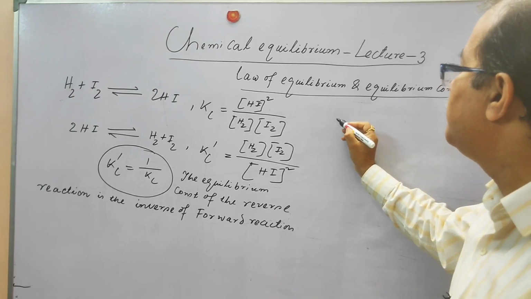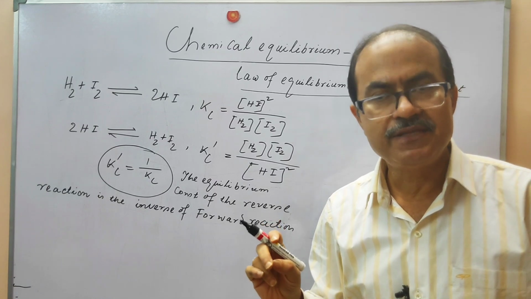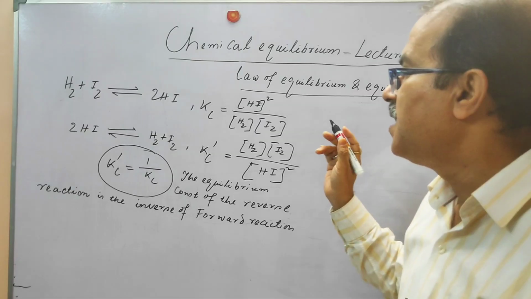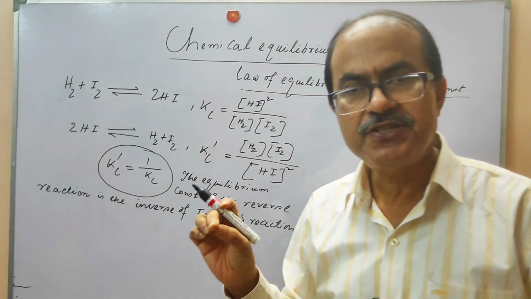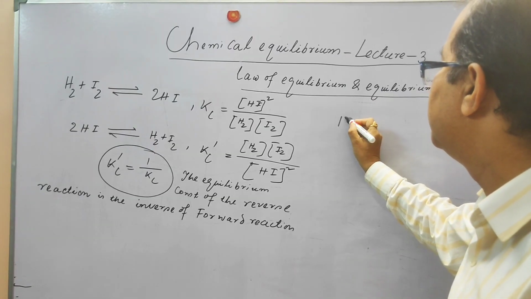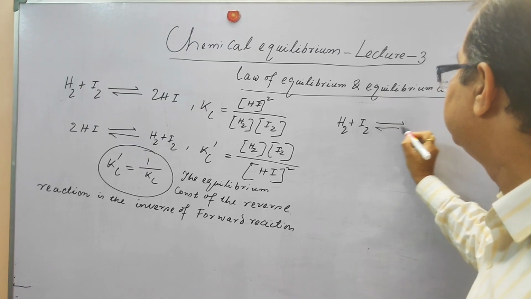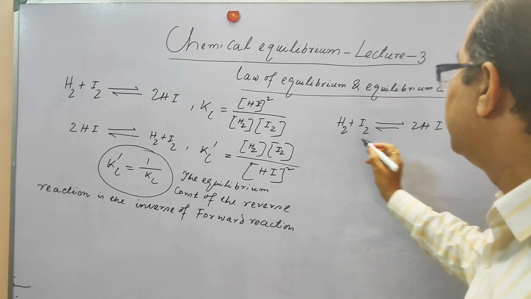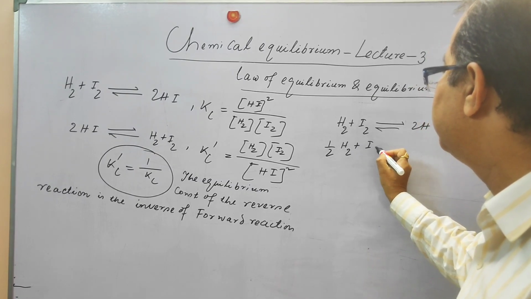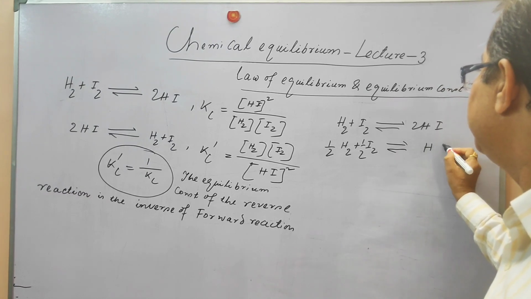Another thing: suppose we change the stoichiometry by multiplying some factor throughout the equation. These changes will affect the Kc also. As for example, this is again the reaction we have taken. In this reaction, we have multiplied both sides of the equation by half, and it becomes this.